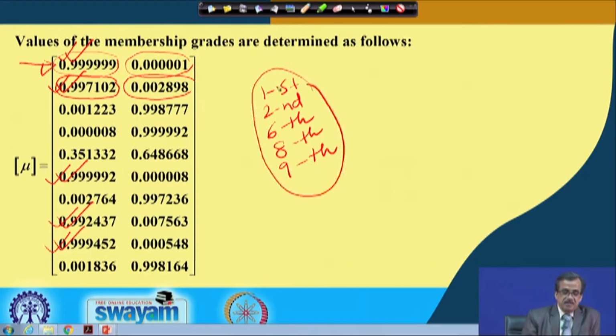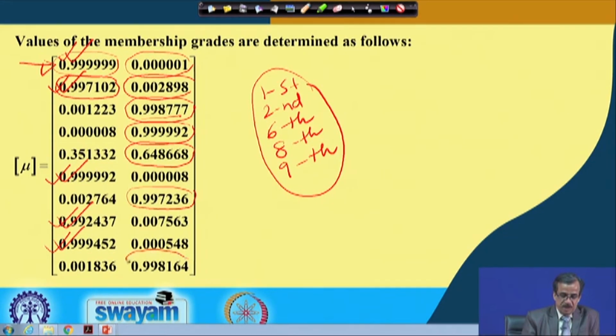And here, the membership value with respect to the second cluster is very near to 1. Here also it is very near to 1 with respect to the second cluster. Here it is in between, but we give it the opportunity to join the second cluster.